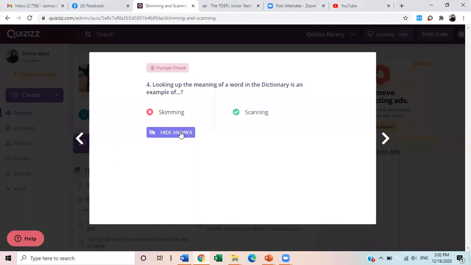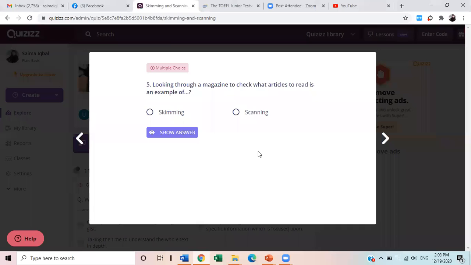This is scanning. Again, you are not looking up a word in the dictionary for the general idea. You are looking for specific information.